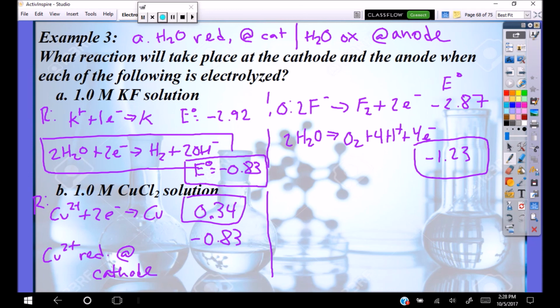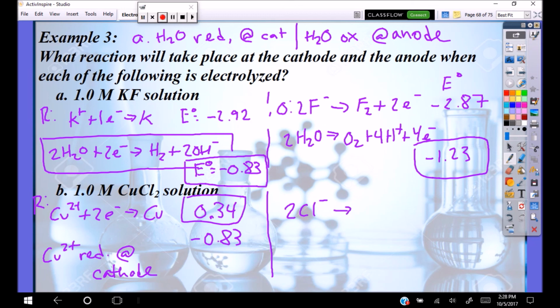With our anode, now we've got Cl2. Remember, this is really 2 Cl minus ions, and if we're oxidizing them, we're going to take electrons away. The thing that you see on your reduction table is Cl2 plus 2 electrons gives you 2 Cl minus.